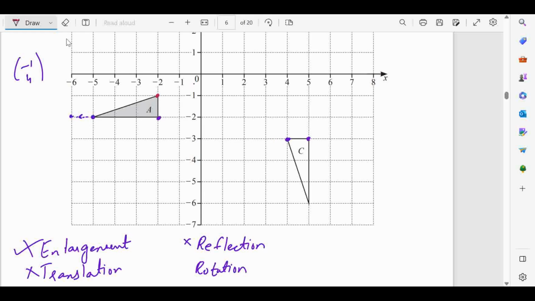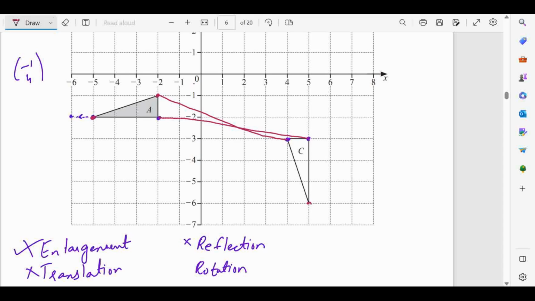We need to connect the corresponding points. So the corresponding point of this one will be this one, and then the corresponding point of the last one will be this, then we need to draw the perpendicular bisector of each line.